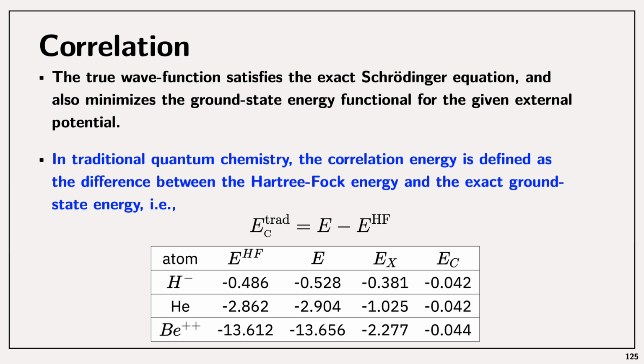We see that those values are actually pretty small, right? These are pretty small, but not small enough to be ignored. And in particular, there is a lot of fun physics and interesting properties of materials that come from the correlation.